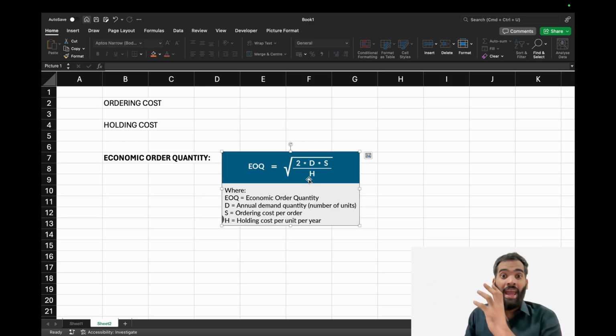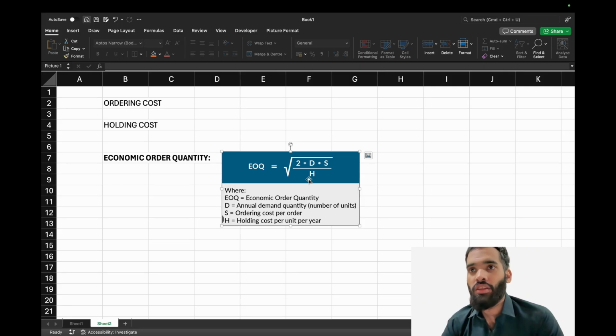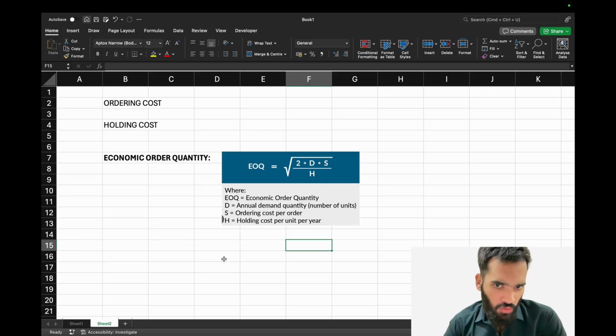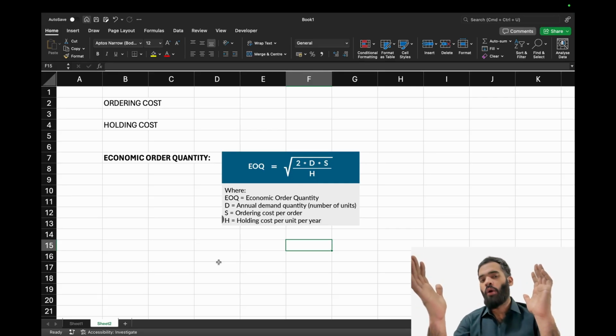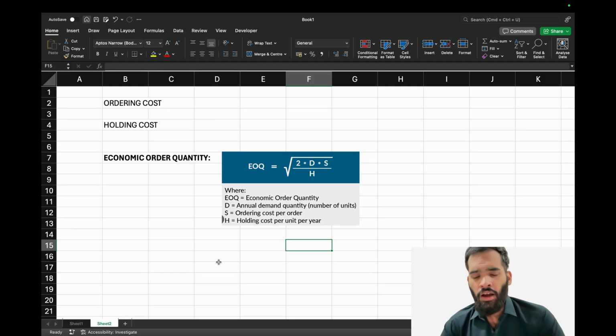So I can say annual holding cost per unit is called H. It's not the holding cost per month. No, it's the annual holding cost per unit. So that's what the formula is. If you use the formula, it will tell you how much you should order each time to minimize the ordering and holding cost together. Of course, we will solve a question now and I'll show you that it's very easy to calculate.